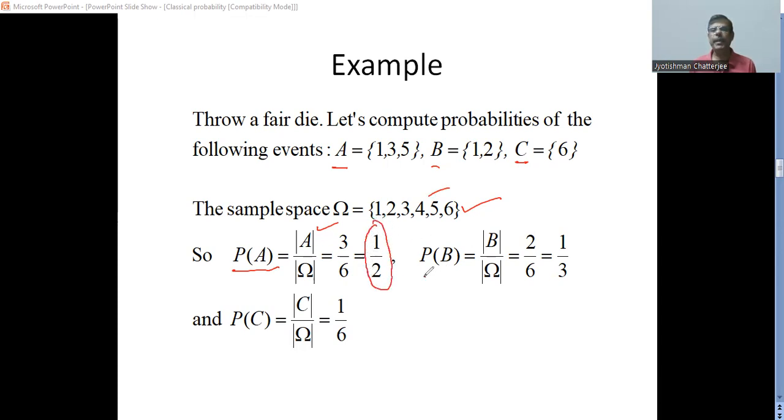Similarly, probability of B is equal to size of B by size of omega, 2 by 6, because there are 2 elements in B. And we get 1 upon 3. Similarly, size of C by size of omega, that's probability of C. And this turns out to be equal to 1 by 6. Let's move on.